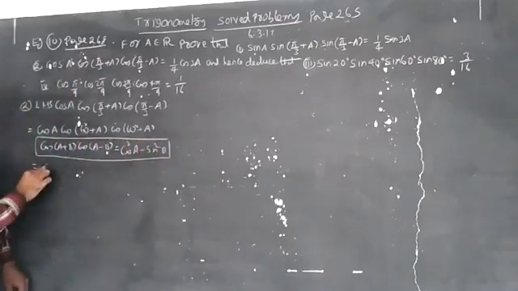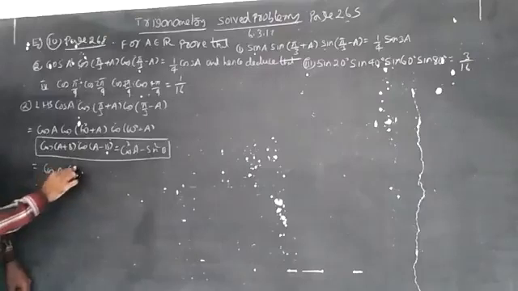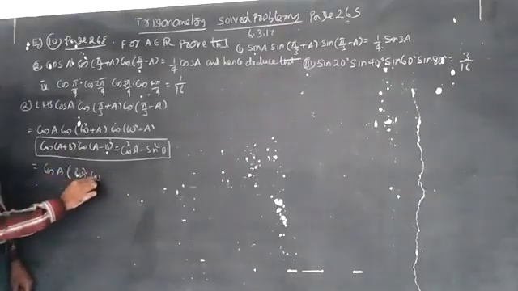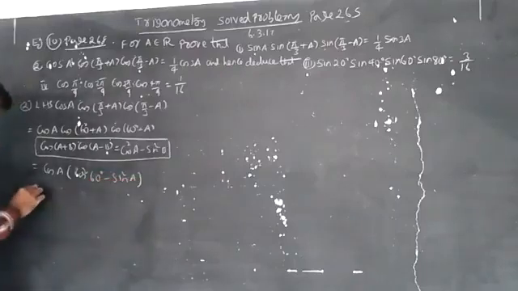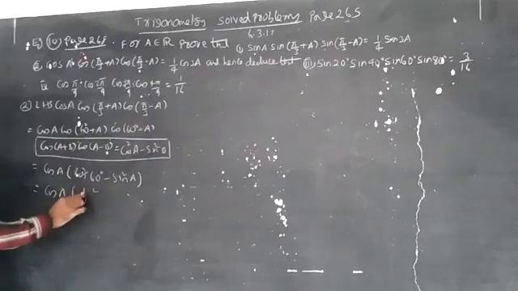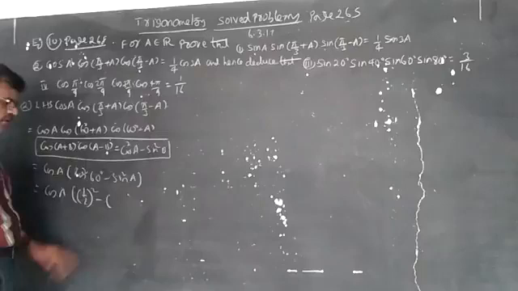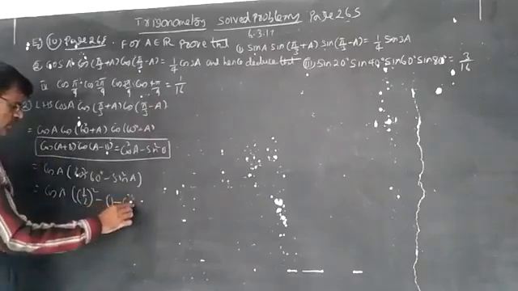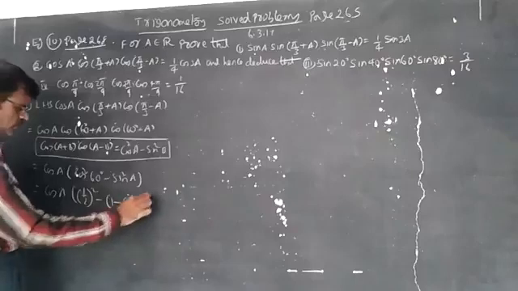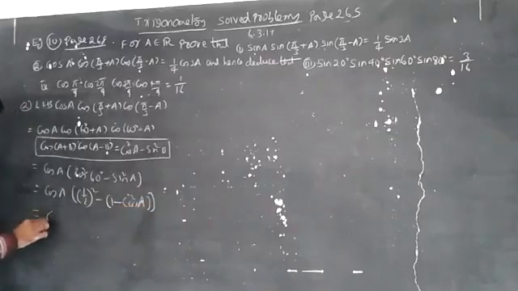That is equal to cos A into (cos²60° − sin²A). That is equal to cos A into cos 60 value 1/2, so (1/2)² you should write, and sin²A we can write as 1 − cos²A, because in terms of cos we should get the formula.